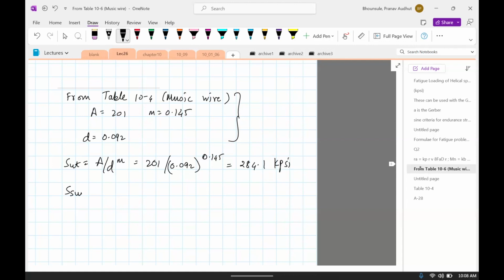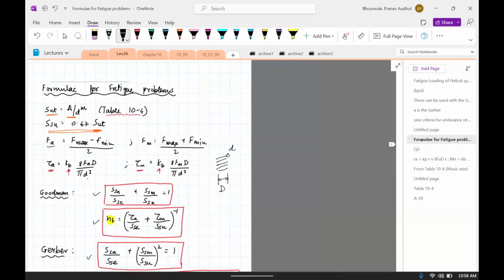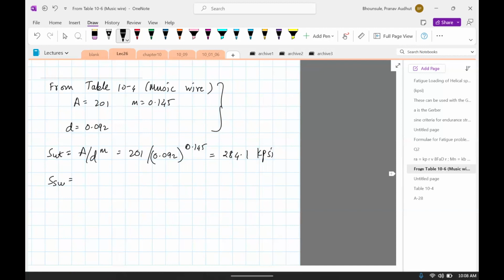And we know that SSU, there's a formula here in the sheet, SSU is 0.67 SUT. So 0.67 of 284.1 comes out to be 190.3 kpsi.